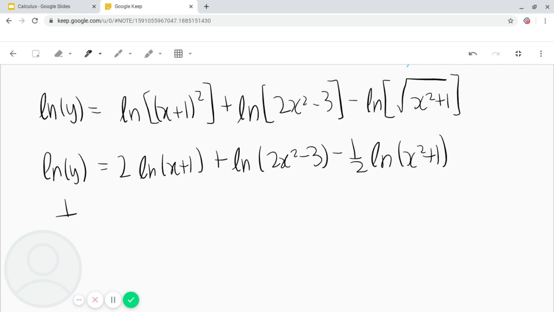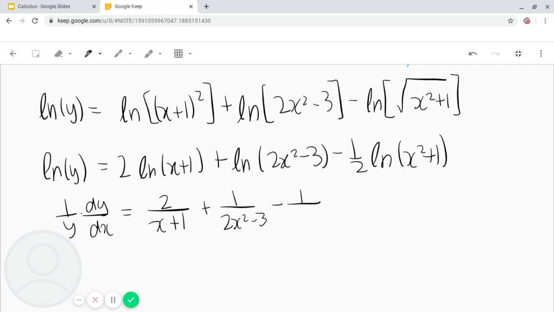So this will be 1 over y dy over dx equals 2 over x plus 1 plus 1 over 2x squared minus 3 minus 1 over 2x squared plus 2.